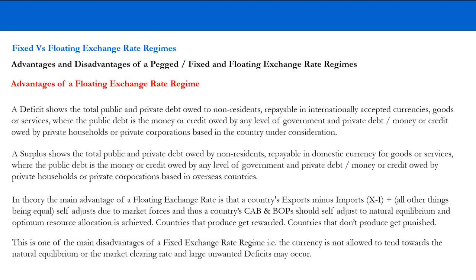So basically, a deficit shows the total public and private debt owed to non-residents, and that's repayable in internationally accepted currencies, goods, and services, where the public debt is the money or credit owed by any level of government, and private debt is money or credit owed by private households or private corporations based in the country under consideration.